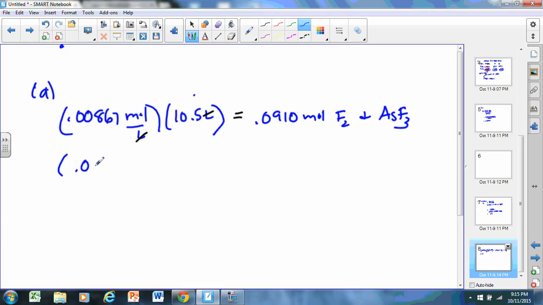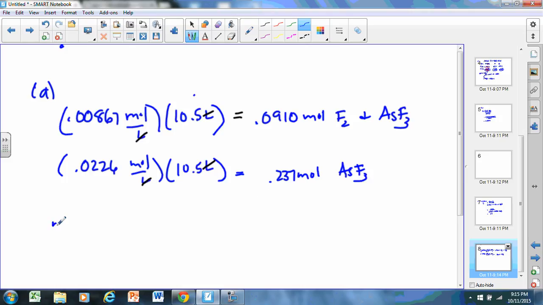And then 0.0226 moles per liter times 10.5 liters, this cancels this, and you end up with 0.237 moles of AsF5.